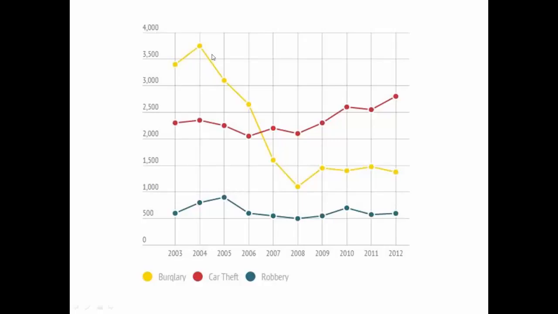The examiner is not looking for which one was the biggest in 2004, which one was the biggest after 2008, and which one was the smallest. Because this is a graph over time, what they are looking for is simply the general trends. So burglary goes down, car theft goes up, robbery stays the same. Those are the three simple things.